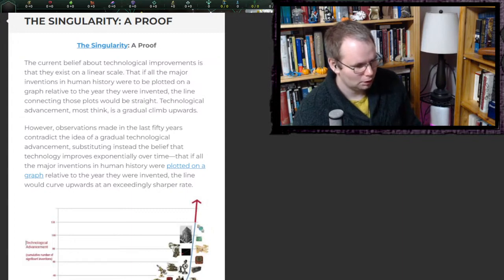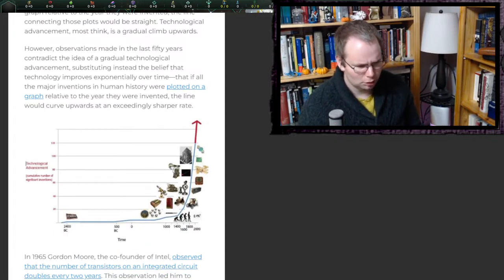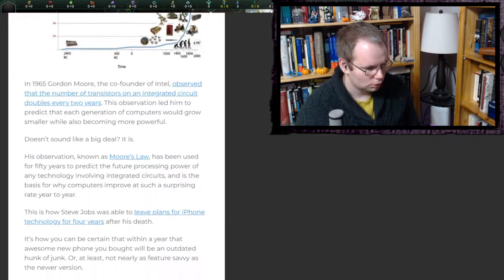Technological advancement, most think, is a gradual climb upwards. However, observations made in the last 50 years contradict the idea of a gradual technological advancement, substituting instead the belief that technology improves exponentially over time. That if all the major inventions in human history were plotted on a graph relative to the year they were invented, the line would curve upwards at an exceedingly sharper rate." Moore's Law.